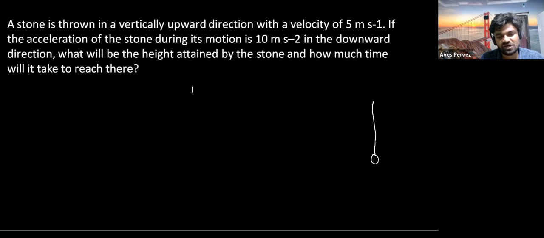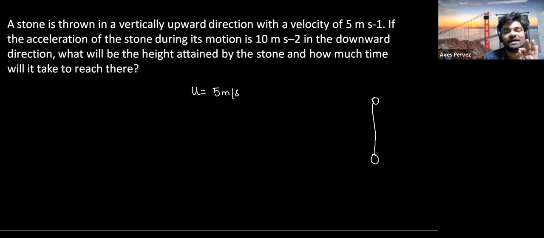If the acceleration of the stone during the motion is 10 meter per second square, you know very well that when an object moves upward, its velocity continuously decreases and at the highest point it becomes zero.